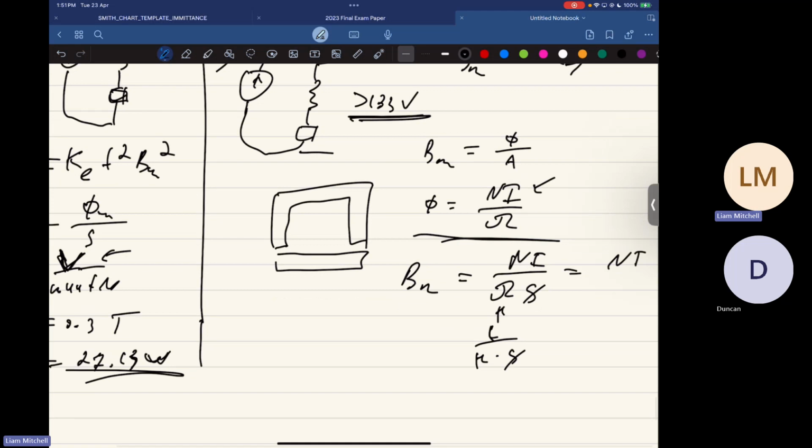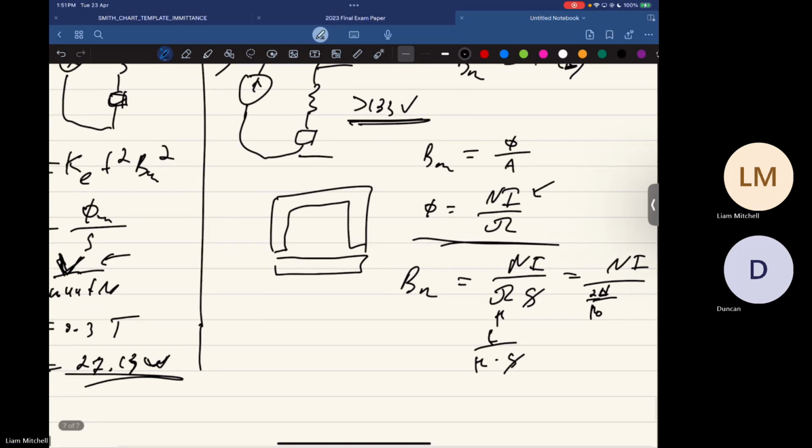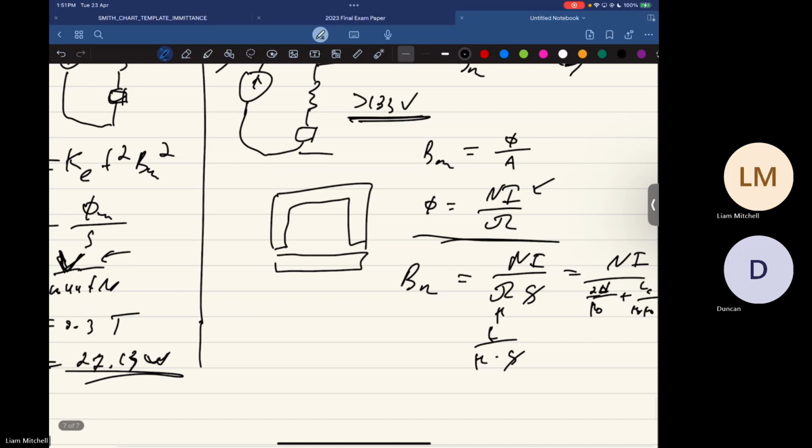So this becomes Ni over our R, which is now L over L. This is our D to D over epsilon naught plus L core over epsilon R epsilon naught. Sorry, like mu R mu naught.